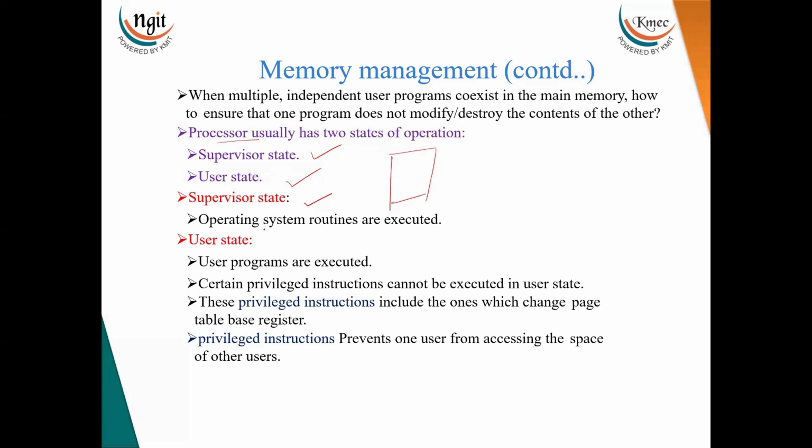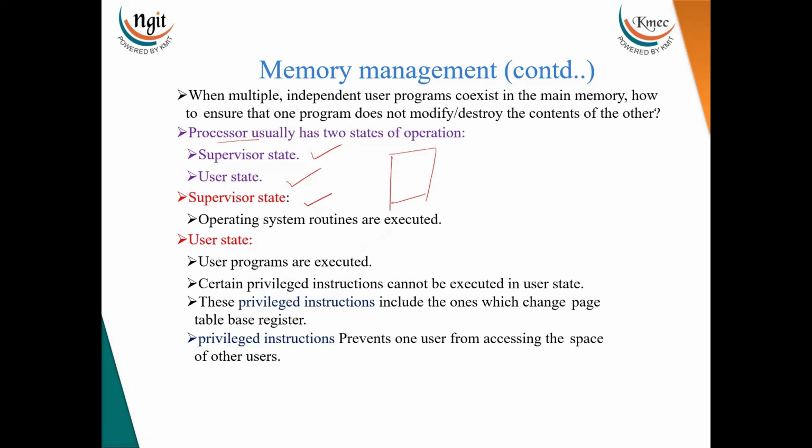Operating system routines are executed in the supervisor state, and user programs are executed in the user state. Certain privileged instructions can't be executed in the user state. What are privileged instructions? We studied them in interrupts. The instructions which execute only in the supervisor state are called privileged instructions.